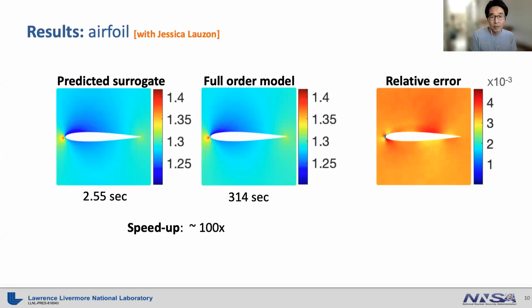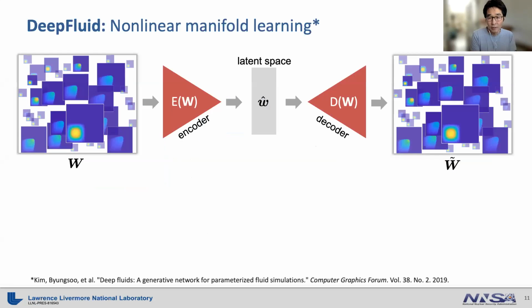And quantitatively, the relative error was less than 1% everywhere. So it's pretty good.